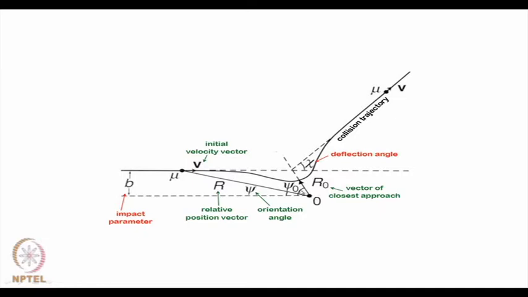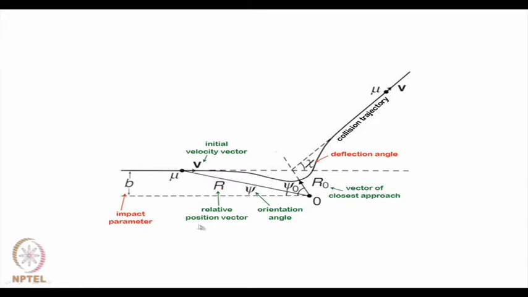Psi 0 is the angle at the midpoint with respect to the initial velocity vector. Psi is the orientation angle, that is the angle that this r vector makes with respect to the initial velocity vector.